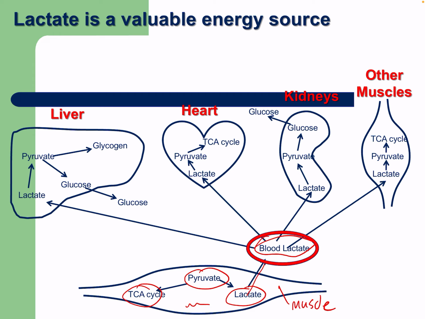Now this gets released into the blood, and now this blood lactate can be taken up, converted from lactate back to pyruvate, back into glucose, and released as glucose. And then this pyruvate can enter the citric acid cycle in other muscles. We can see here it can go back into the citric acid cycle in the heart, or be turned into pyruvate in the liver, either turned into glucose to be released or stored as glycogen depending on energy levels. So again, it has a ton of valuable properties.